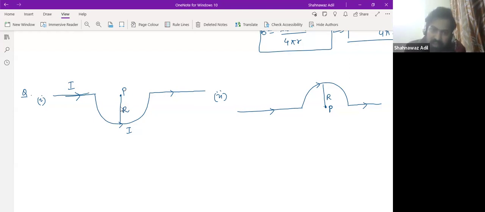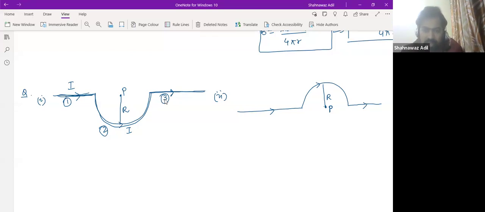Not this line, this is the radius that I am telling. This is the flow of current. So we have one line, semicircle, other line. So we have three parts.